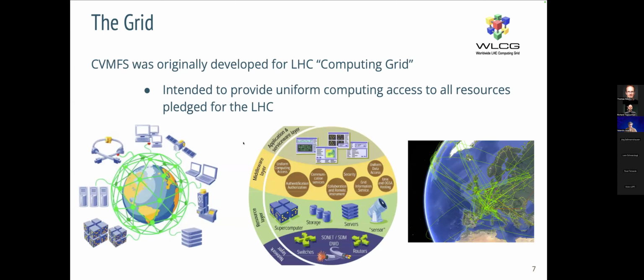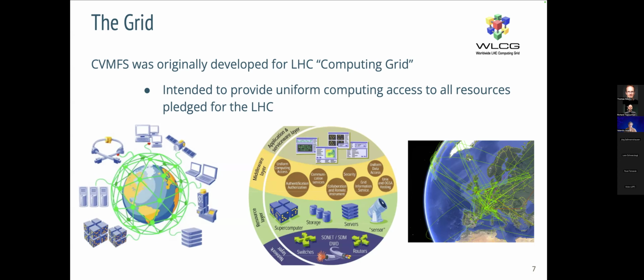And the original deployment and the main use case for this was the data processing for the Large Hadron Collider. This was organized in what is called a computing grid. It evokes the simplicity of the electrical grid, where you just have your outlet, you plug in something and then you can use electricity.